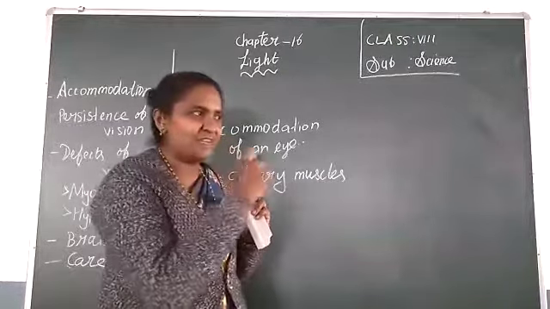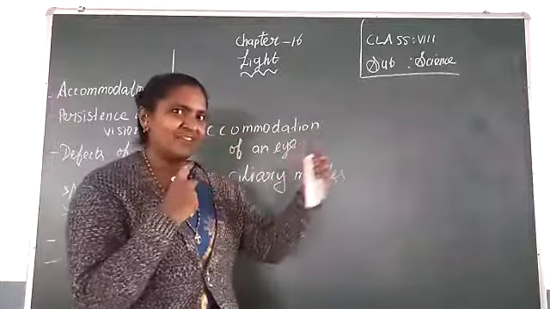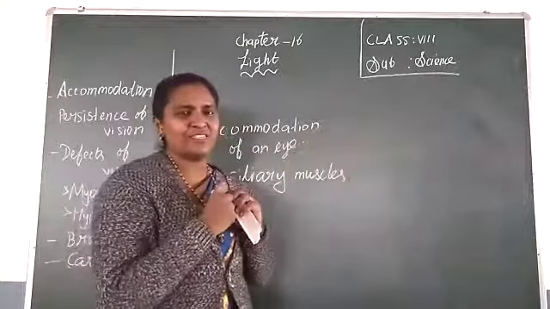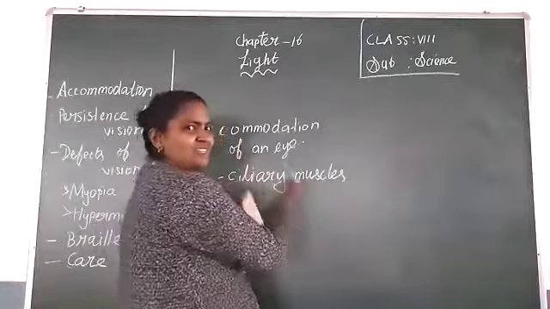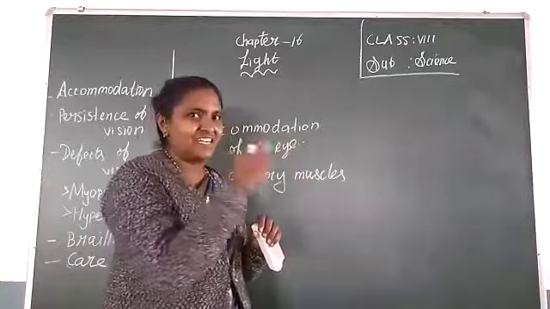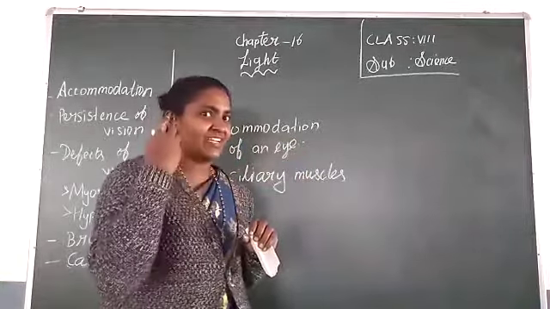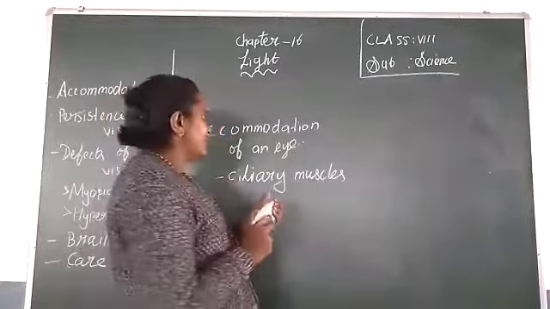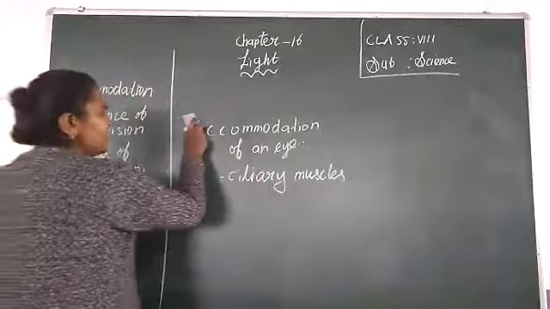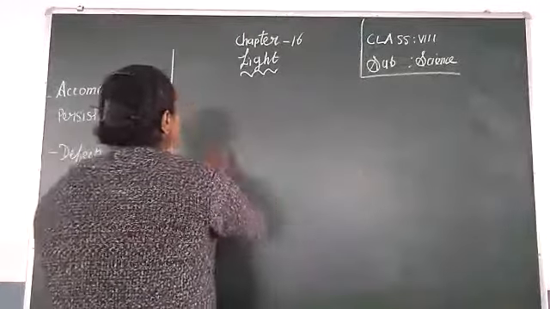With such adjustment, we can see nearby or far away objects, because the focal length of the lens will be adjusted with the help of this muscle. Thus the image falls on the screen, the retina, so that we can see the object. The second thing is persistence of vision.